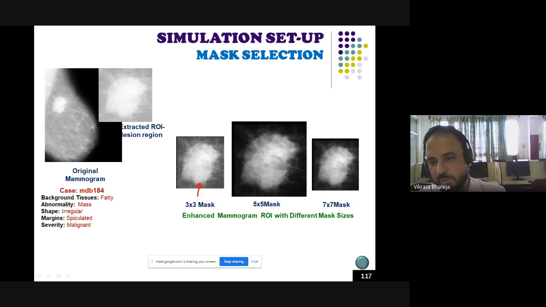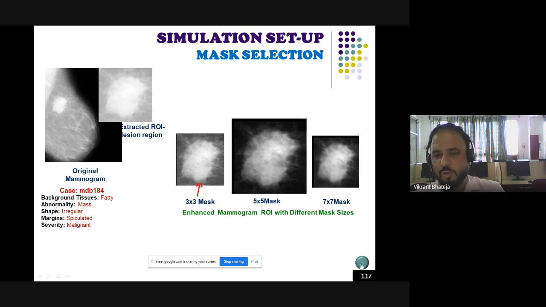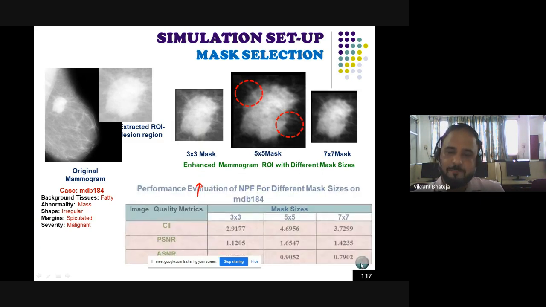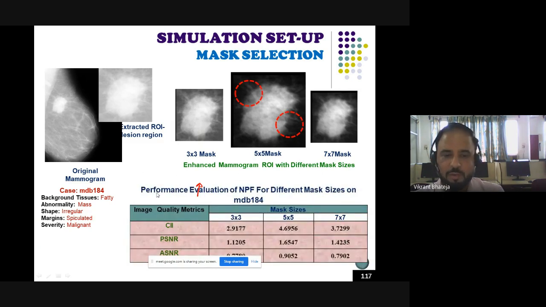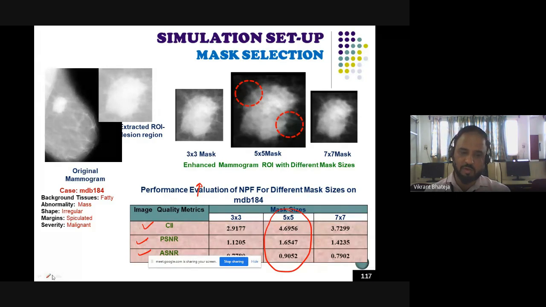And if you see the response of a 7x7 mask, there is a significant amount of blurring. If we do a comparison by calculating the CII, PSNR, and ASNR values, we see that the results are very satisfactory with the 5x5 mask. So generally in our filters, rather than picking 3x3 or 7x7 masks, we have taken up a 5x5 kernel for filtering.